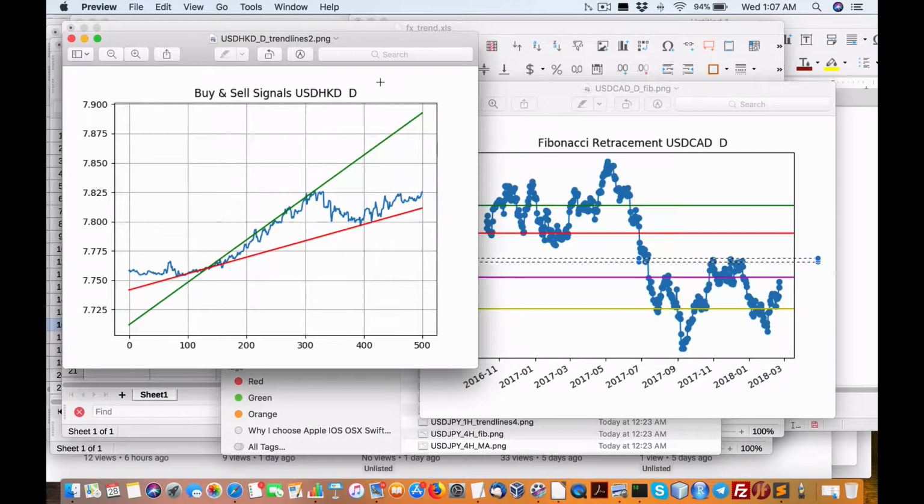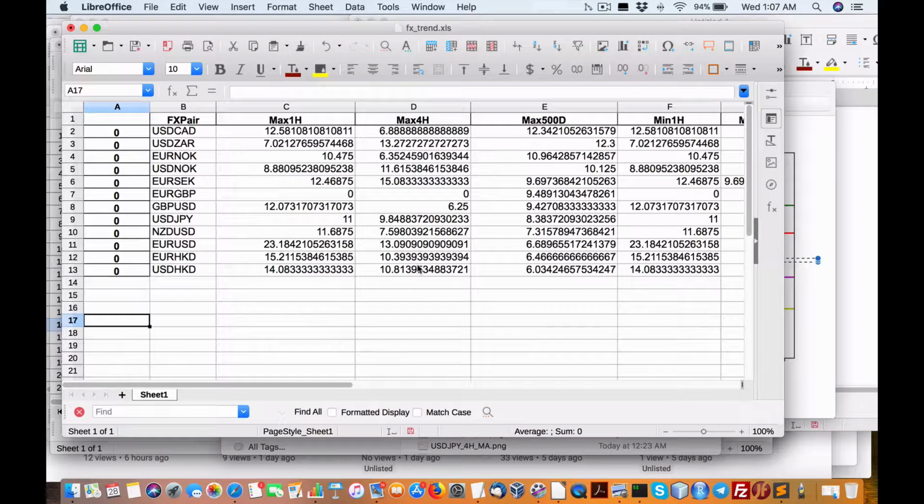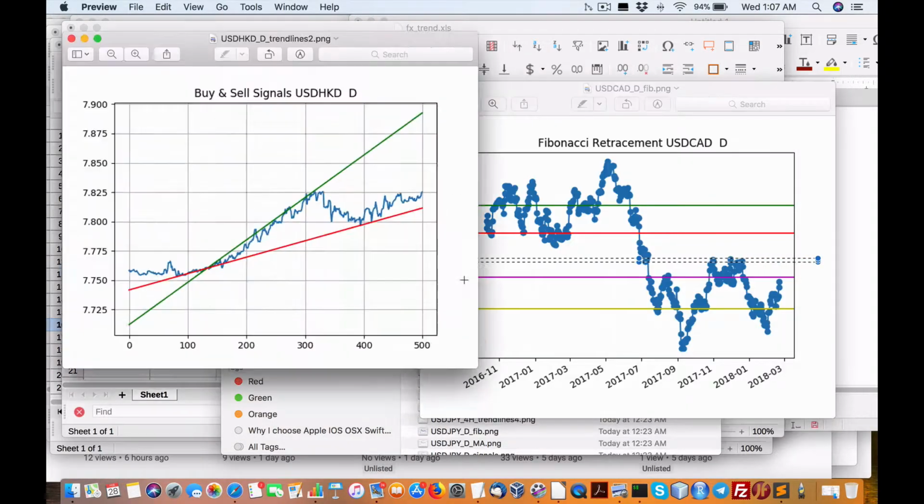So it has the best. So I just implemented this strategy. So I think I got it in reverse. So looks like if we do the USD Hong Kong dollar for trend, for long only, this is definitely the better one to kind of work with, looking at a trend here.